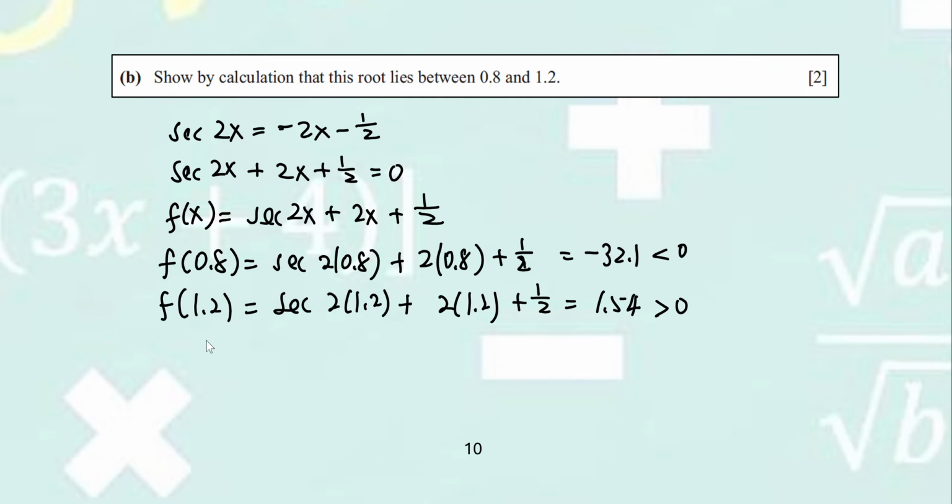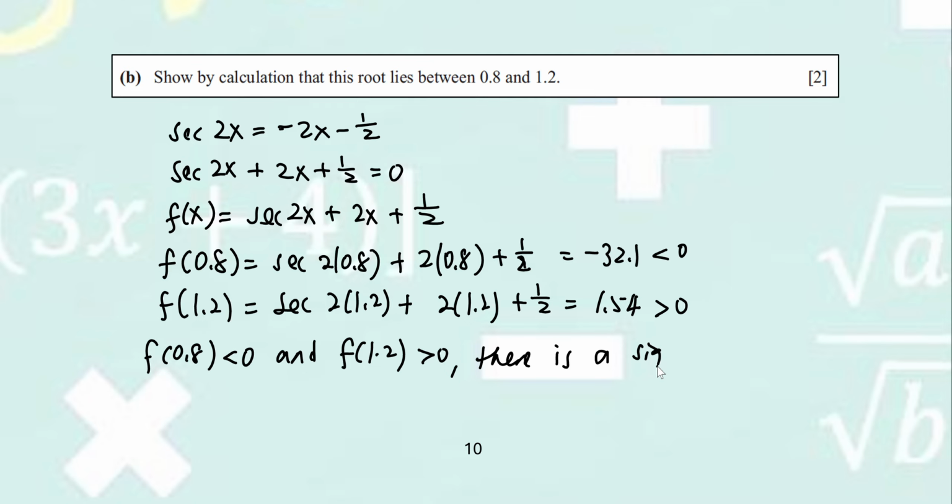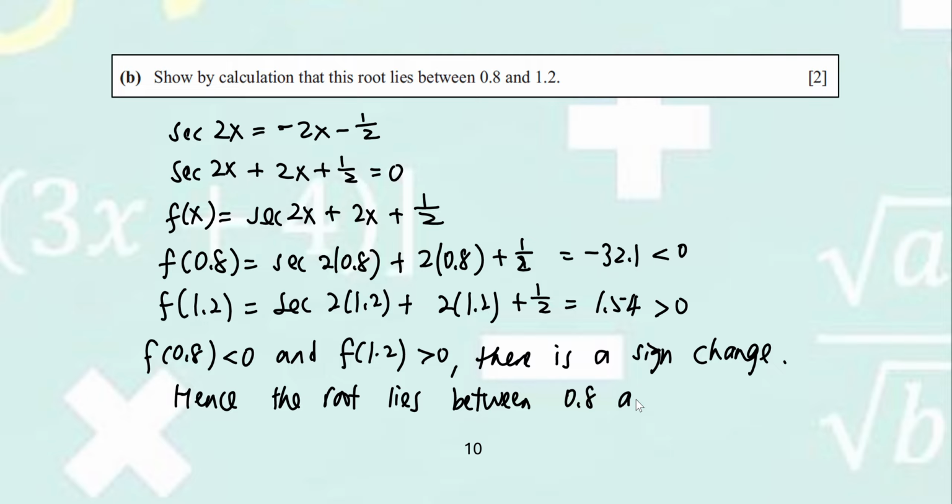And from here, I found that there is a sign change. So there is a sign change. Hence, the root lies between 0.8 and 1.2. So, shown.